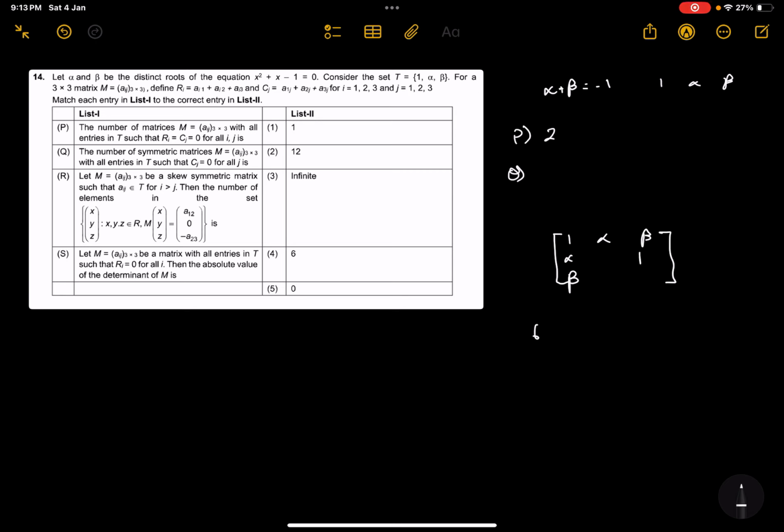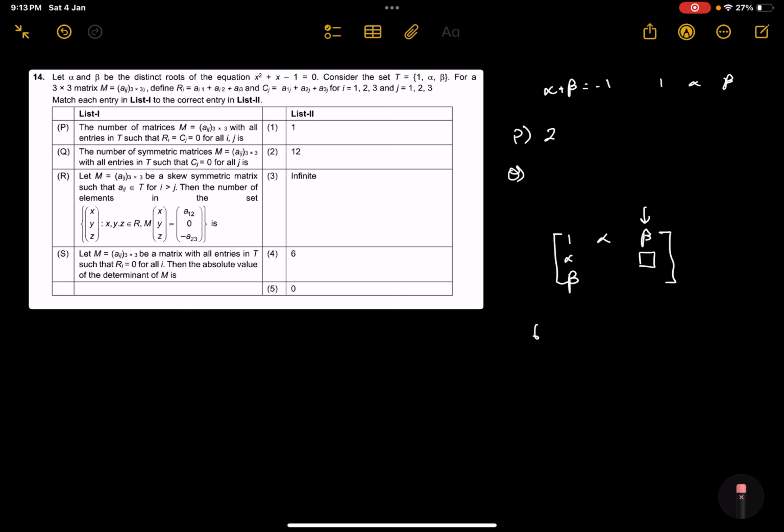Now let's look at this position. This cannot have a beta here because this column already has a beta. This cannot have an alpha here because then, as this is a symmetric matrix, we'll have an alpha here, but this column already has an alpha.